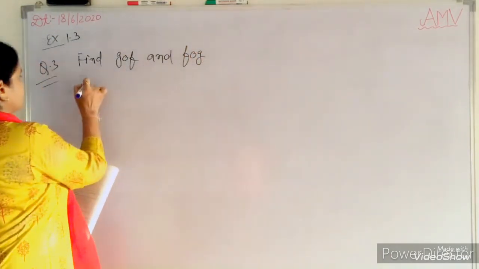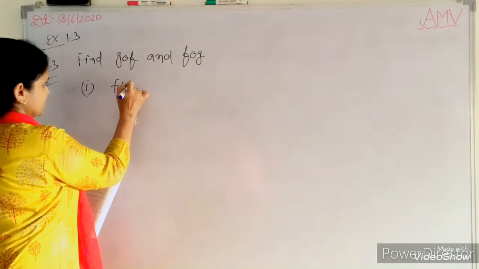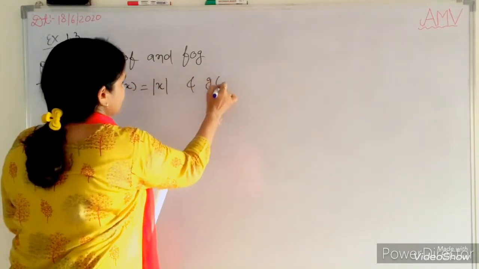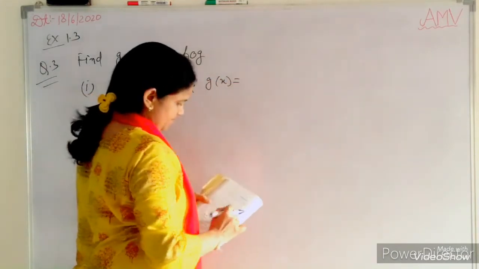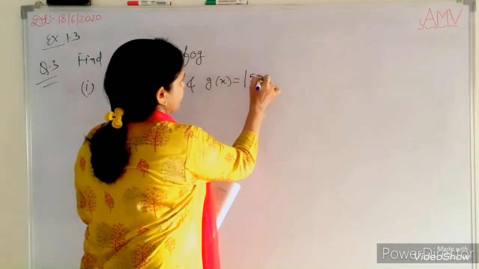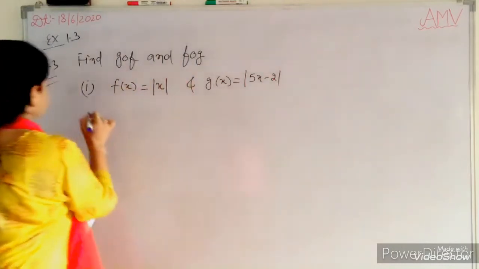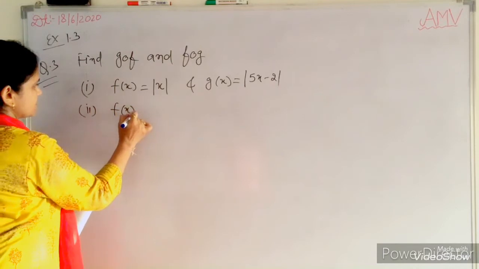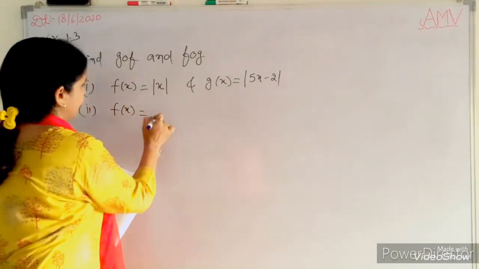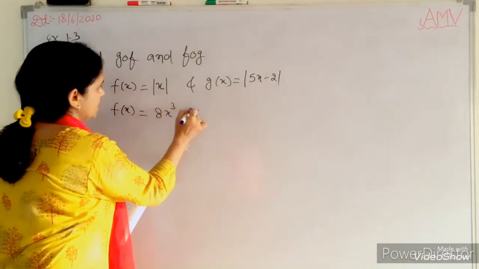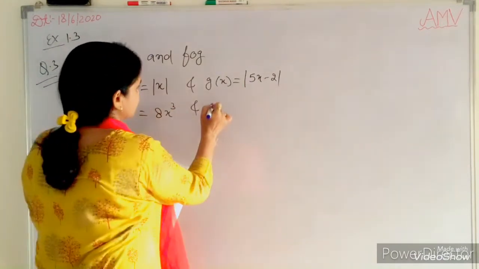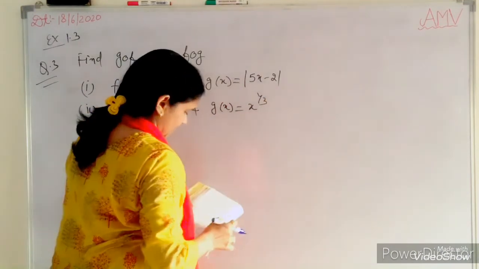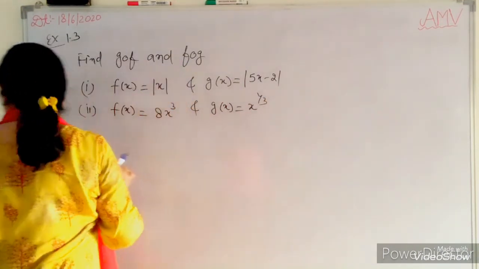Here, student, first f(x) is given as mod of x and g(x) is given by mod of 5x minus 2. The second part of this question is f(x) equal to 8x cube and g(x) equal to x raised to 1 by 3. Now solve the question.